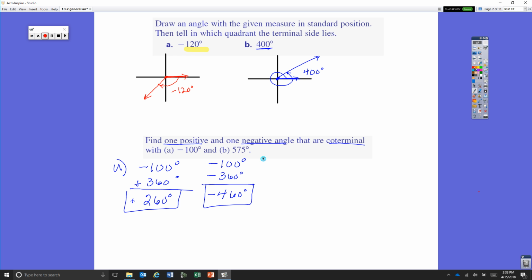Let's try B. I'm at 575 degrees. So to go more coterminal, I could add 360. That would be 935 degrees. To go negative, I would subtract 360.